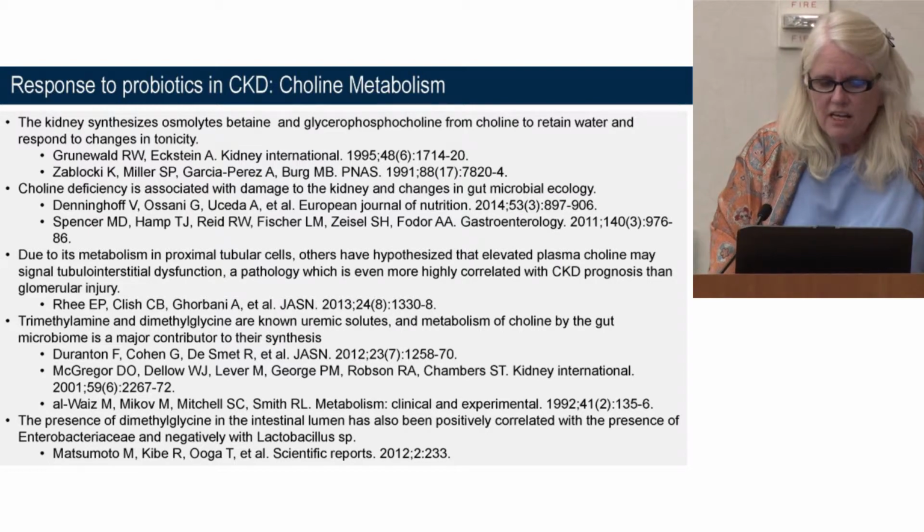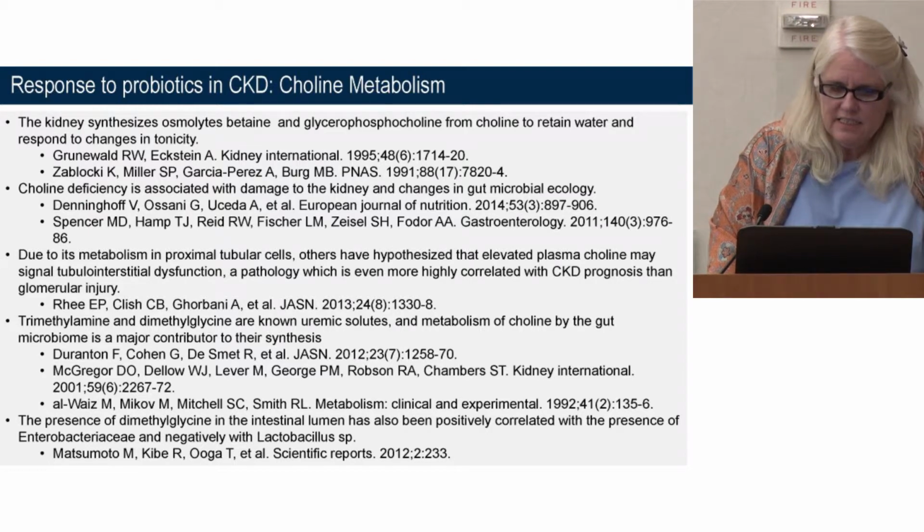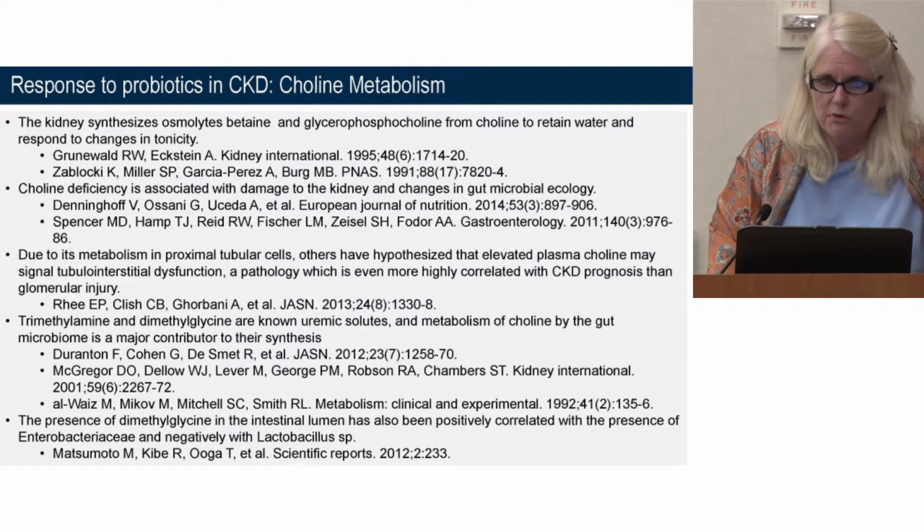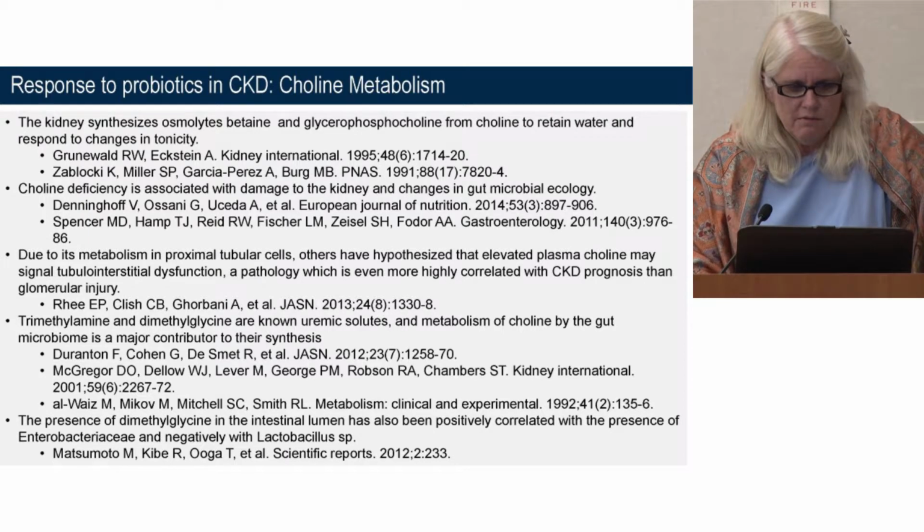And this makes a lot of sense because the kidney synthesizes osmolytes, betaine and glycerylphosphocholine, from choline to retain water and respond to kidney tonicity. Choline deficiency is associated with damage to the kidney and changes in the gut microbial ecology. There were a lot of metabolites that we saw were related to gut metabolism in there.